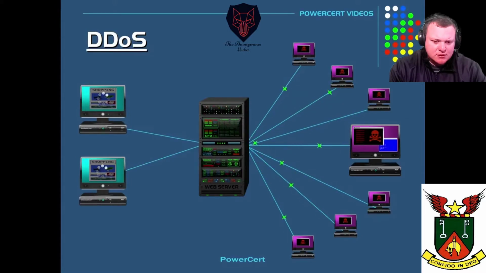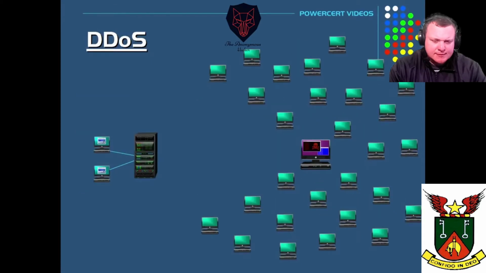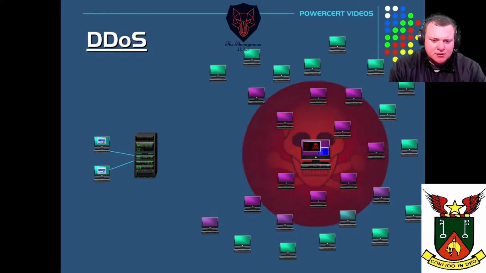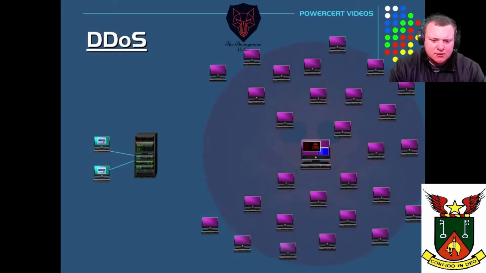So the question is, how does the attacker get other computers to get involved in a DDoS attack? And the simple answer is by using malicious software. The attacker will develop a malware program and distribute it over the internet and put it on things like websites and email attachments.